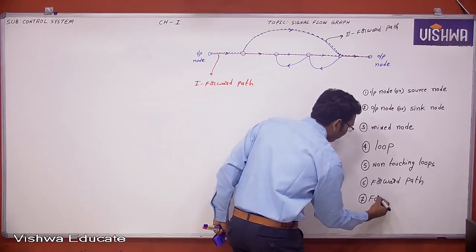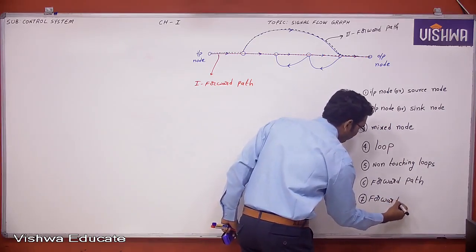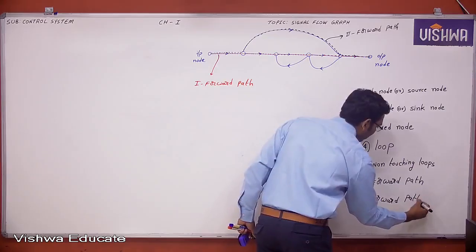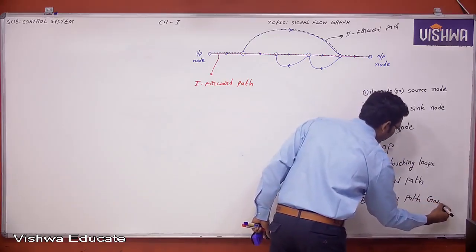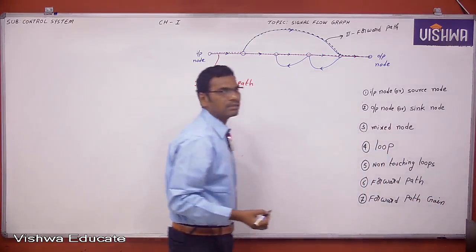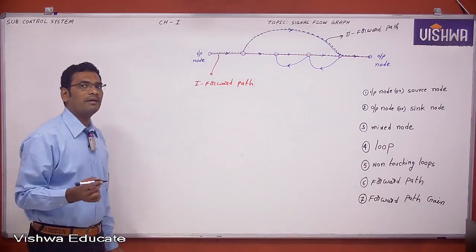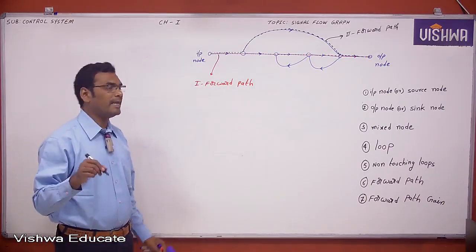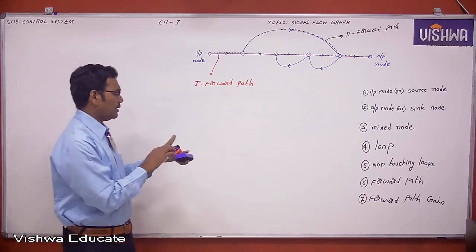Now the next one is forward path gain. Now what I am asking? I am not asking about a forward path. I am asking about forward path gain. So now see here.